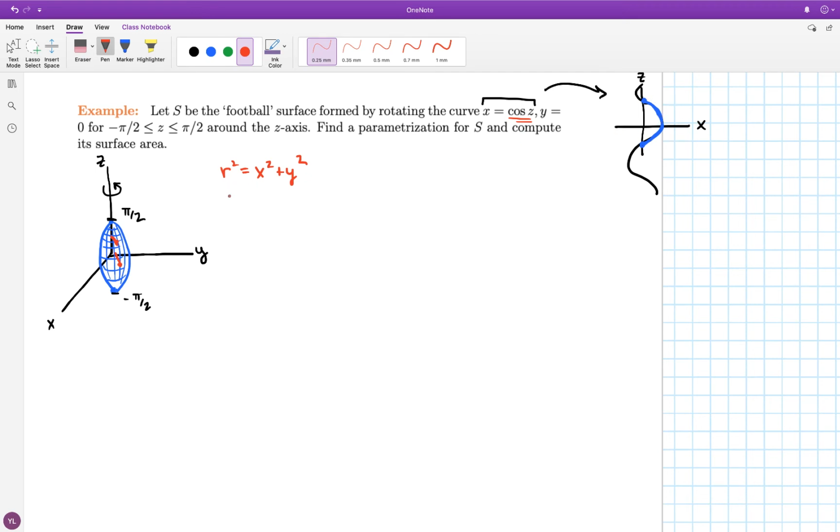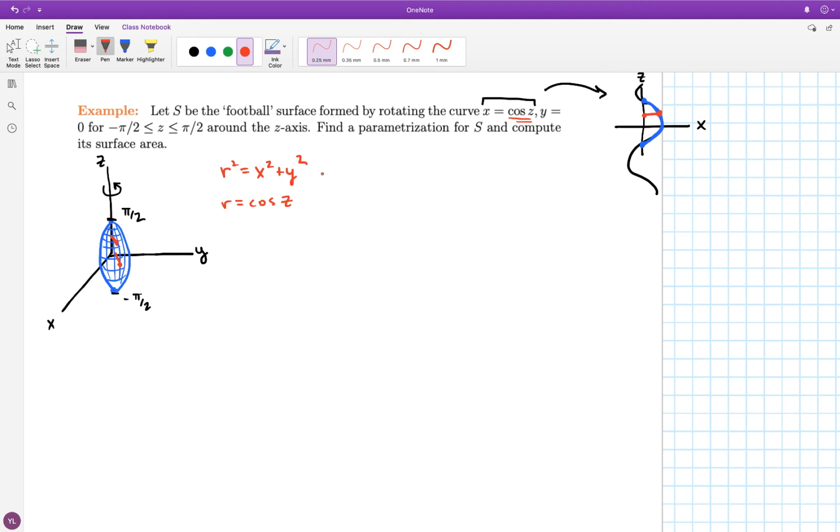So what I'm saying is if I draw that r coordinate, r is cosine of the z value, because it's precisely this relationship here rotated. So knowing the dependence of x on z actually gives us the dependence of r on z, because r is simply the rotated x value around. So this is key right here.